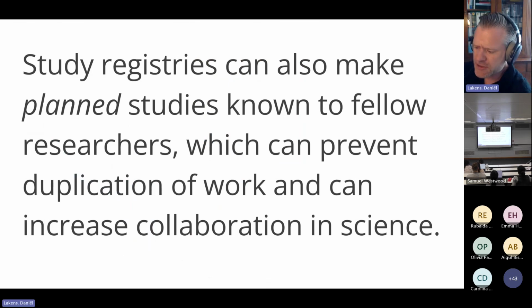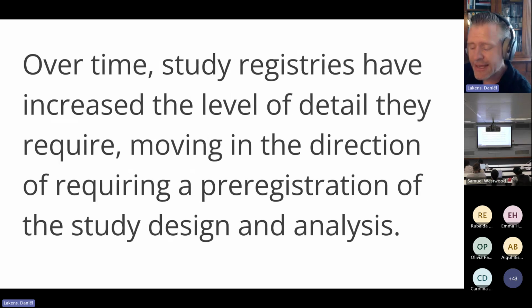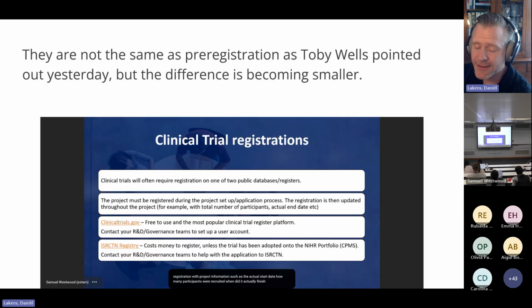Now, so we're talking about study registries. They also have other effects, such as making these studies known to other people. And as I mentioned, over time, they became more and more detailed. So they really are starting to look a lot like pre-registration. So they're not exactly the same. Toby Wells pointed out yesterday that clinical trials registrations are a little bit different.